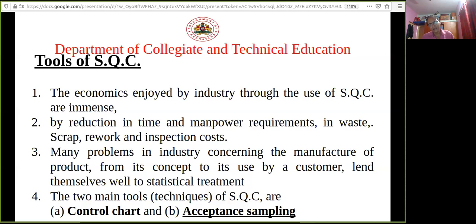If fewer than 3 items are good, say 2 or 1, I will reject the lot. This is the agreement between the producer and the customer.